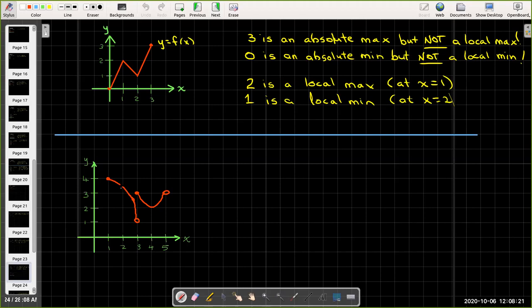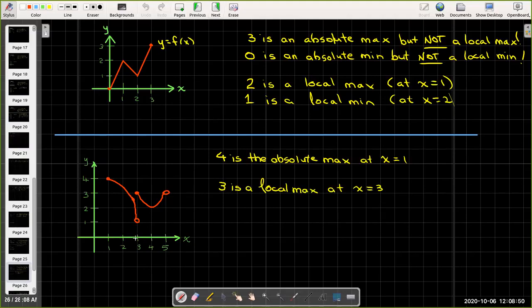All right, here we have another piecewise defined function. And this function is defined for all values from 1 to 5, including 1, but not including 5. So the high point here is an absolute max, but it's not a local max.